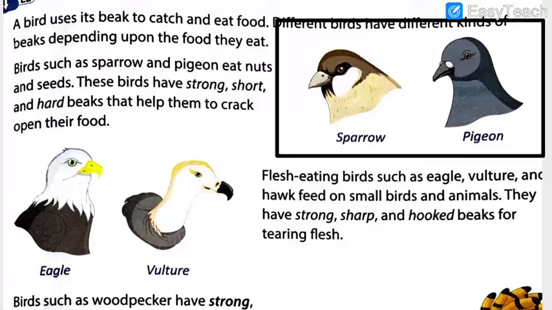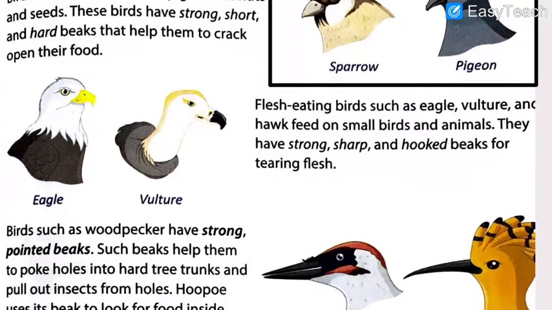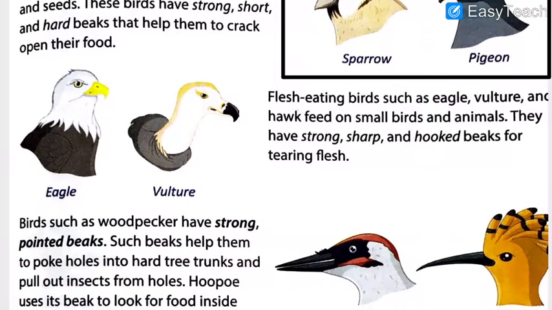These birds have a strong, short and hard beak, with the help of which they can crush their food, the tiny seeds they eat. Whereas flesh eating birds like vulture and eagle have very sharp, strong and hook-like beaks with the help of which they can hunt.